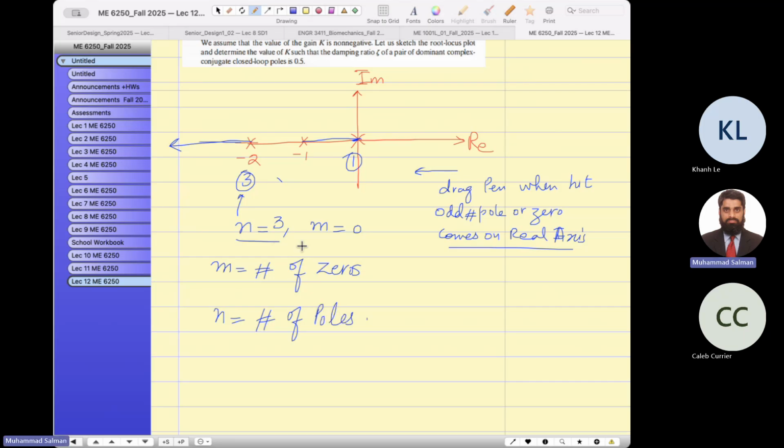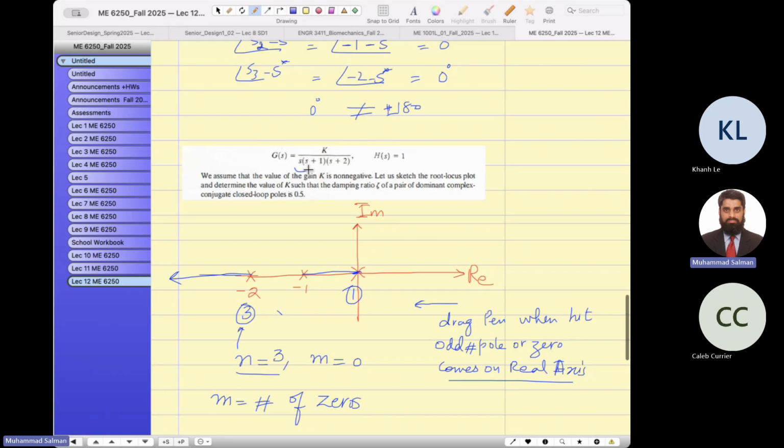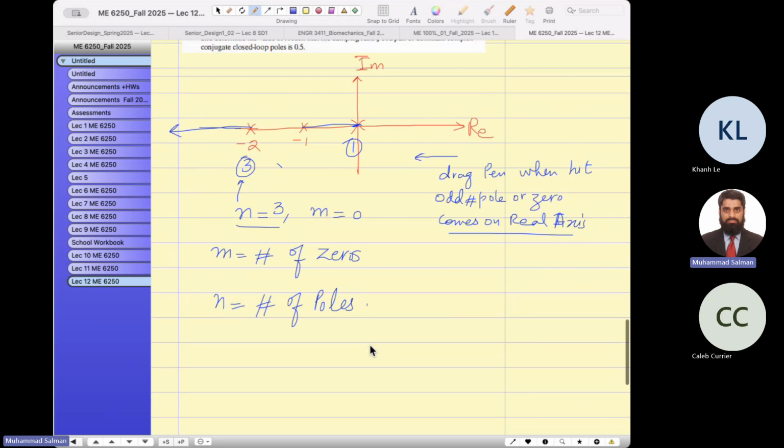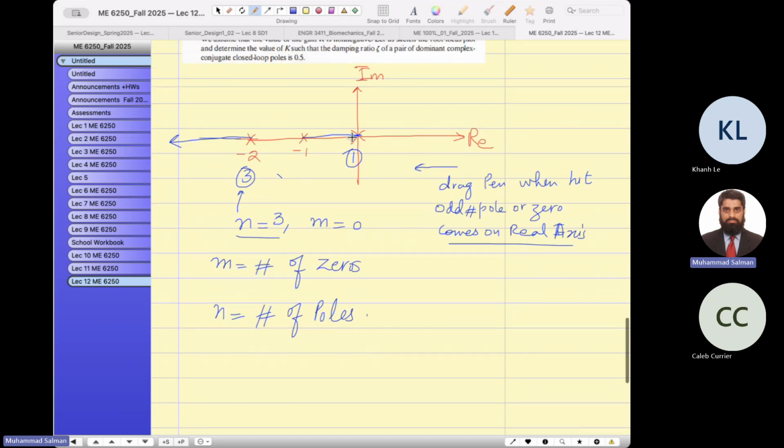So we currently have 3 poles. These are the 3 roots of the denominator, and no zeros. Now what we have to do is find out where they will leave this axis, because poles can never intersect when we tweak the gain. They will always depart the real axis. One will go up, the other will go down. This upward and downward movement is a complex conjugate pair.